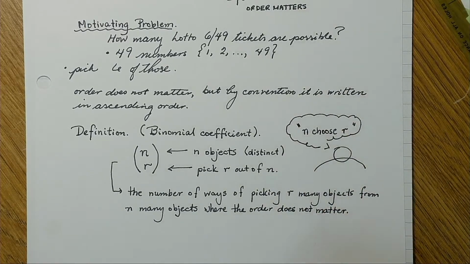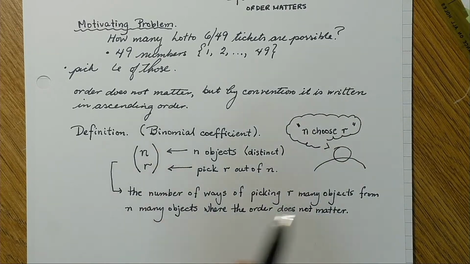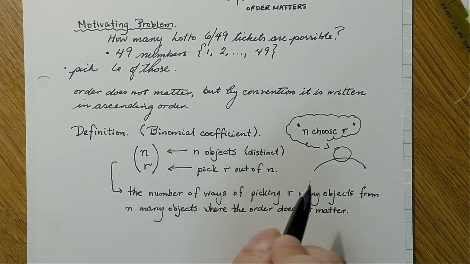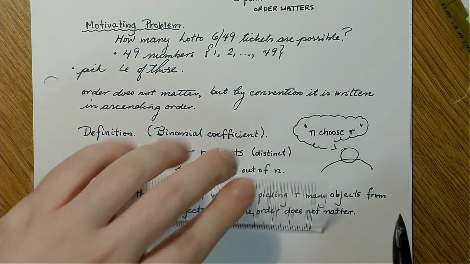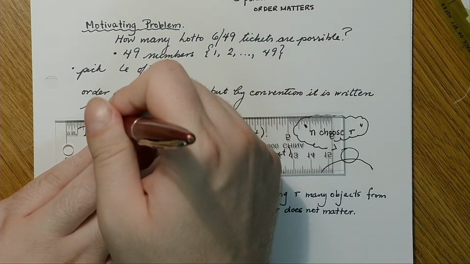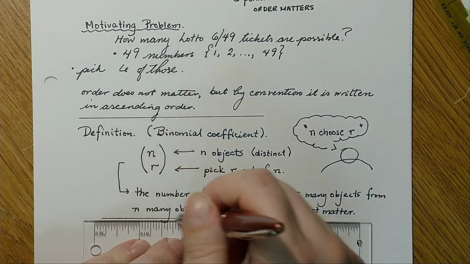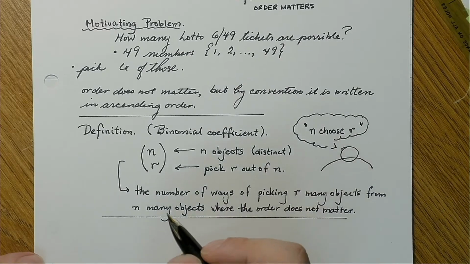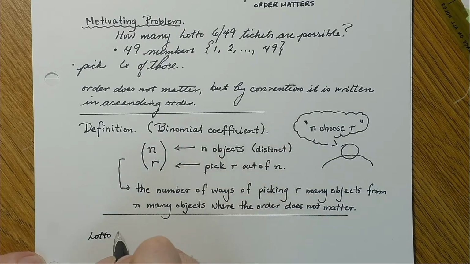Okay. So you might be asking me now, what is the value of n choose r? At the moment we don't know, but we're going to be able to figure this out. Just using this definition, for the lotto, there's 49 numbers, and you're going to choose 6 of them.